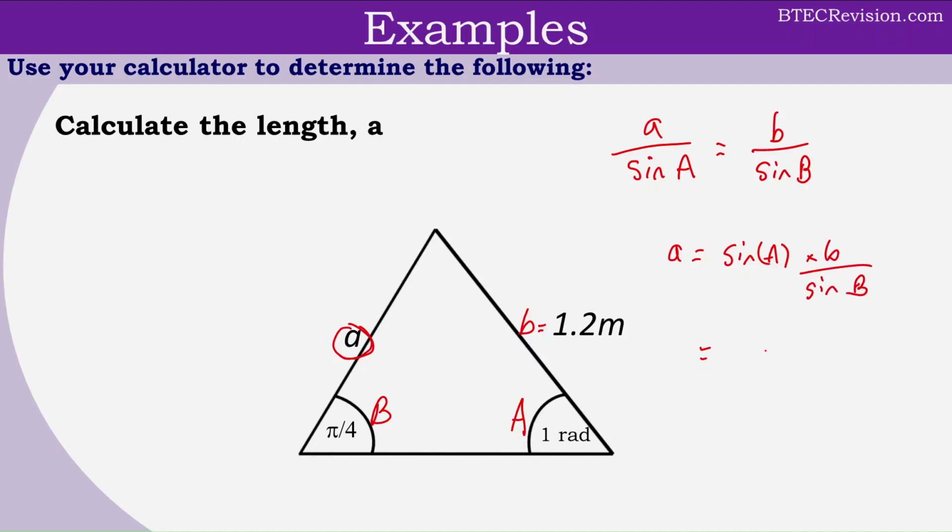Plugging in our values, we get sine a is 1 radian times b, which is 1.2, divided by sine pi over 4 radians. Now, very important to note here is that we have to change our calculator units to radians. Calculating that, we get a value of 1.43 to 3 significant figures.